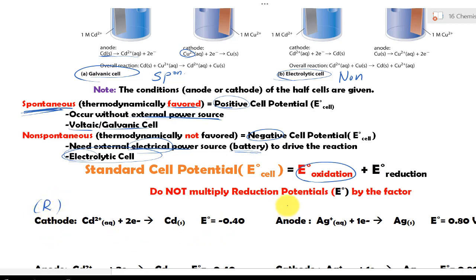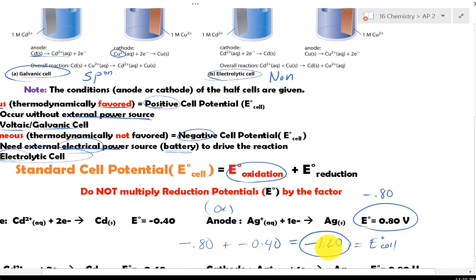But for the anode, where oxidation occurs, and you are given the value in terms of reduction, guess what happens? You have to flip this sign, and now this has become negative 0.80. So when you solve this problem, you have the oxidation, which is negative 0.80, plus the reduction from the cathode, which is negative 0.40. That gives you a total of negative 1.20.